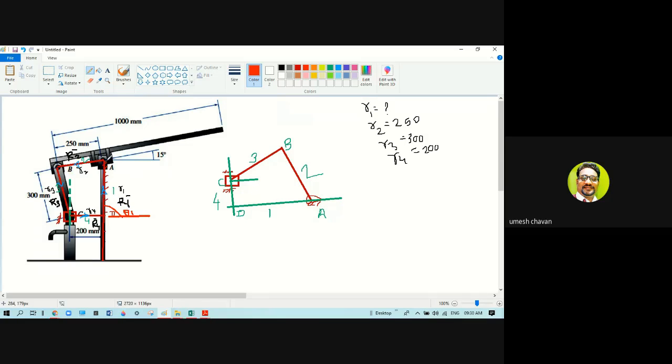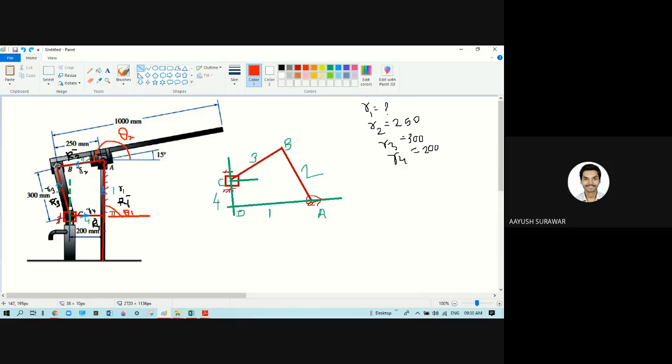From positive x, from here to here, this is theta 2. For this horizontal line, are you getting this?